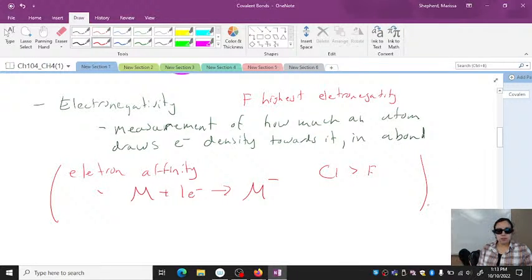And that's probably just due to chlorine having a slightly larger radius so that it can hold that negative charge better. But they're really similar. It's just electronegativity is in a bond, so it's measuring in a bond. And electron affinity would be a gas phase reaction, shooting it with the electron. So they're like almost the same thing. They follow the same trend, very similar, but small difference.